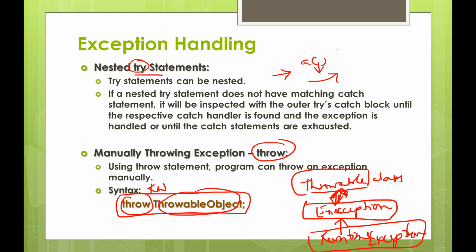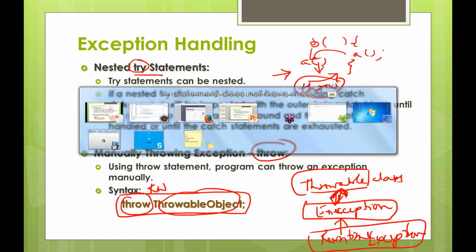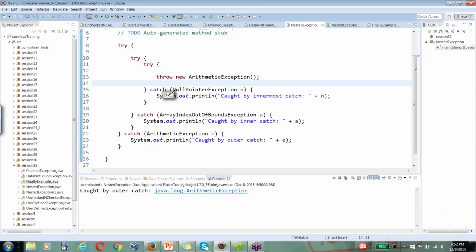It wants to throw it to the method which calls this method. So in that case, manually we are throwing the exception using the throw clause. That is what we are doing here. What are we doing here? We are manually creating an exception.